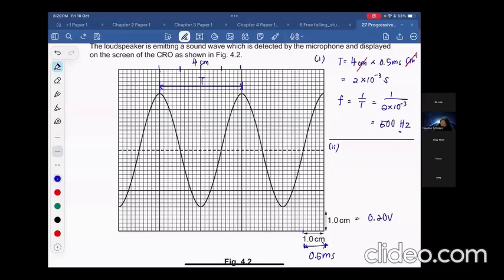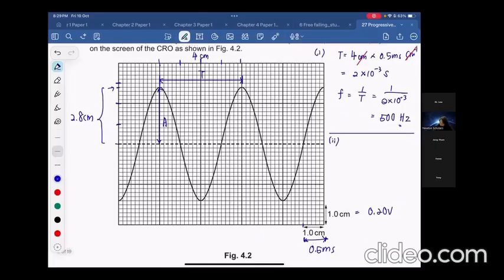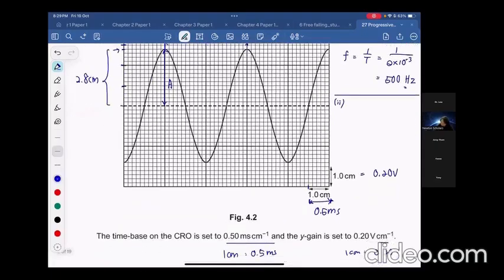Okay, boys and girls, from here to here is called amplitude. This is 1 cm, 1 cm. This is not yet 1 cm, it is 0.8. So in total from here to here is 2.8 cm. You have to count properly. Then we know that every 1 cm is 0.2 volt.